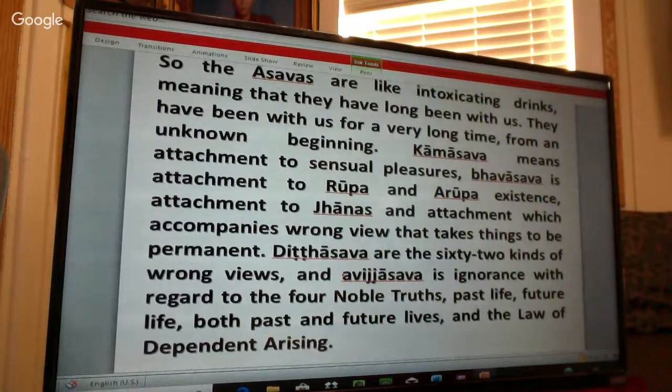And then we have ignorance about the past life. Many people have many doubts and much ignorance about the past life, because we don't know the past life and the future life. So here there is ignorance about the past life, ignorance about the future life, and ignorance about both past and future life.